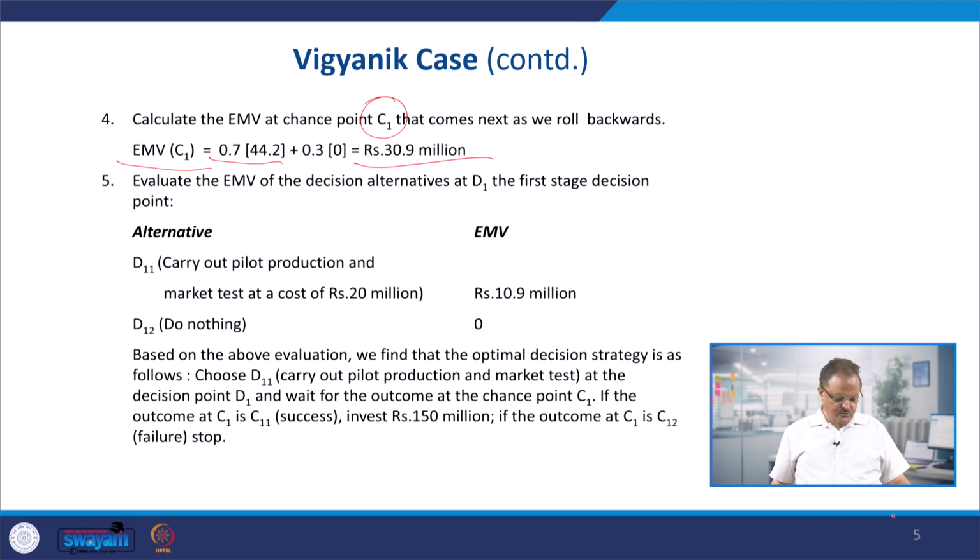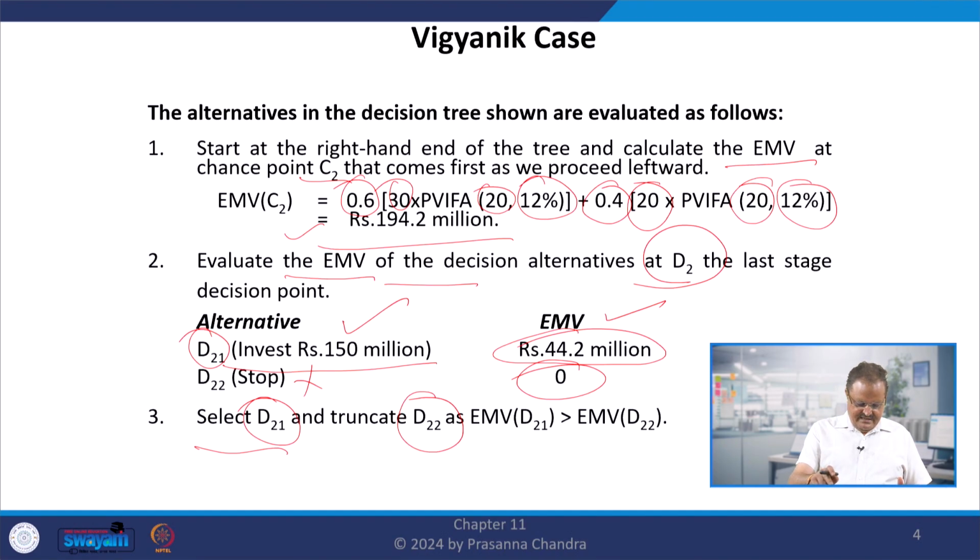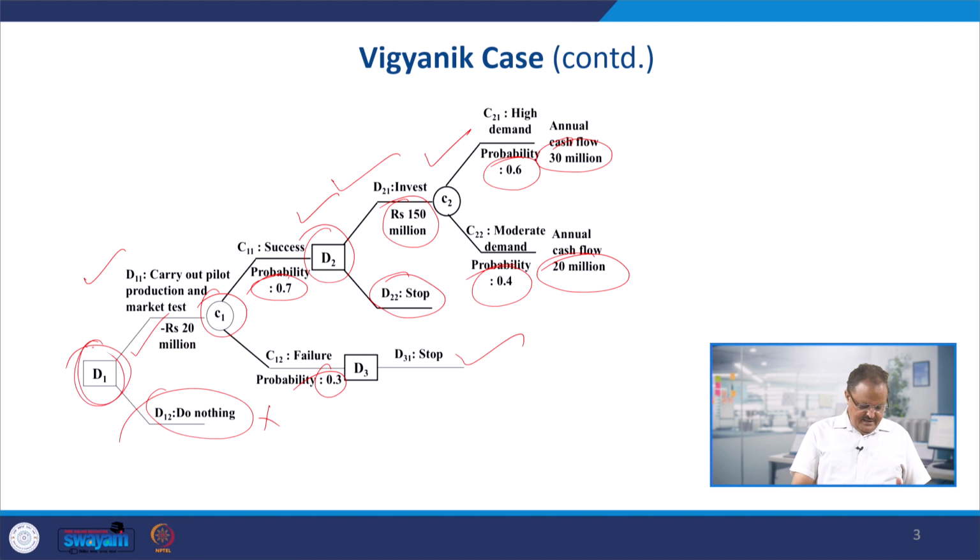And finally, what we are going to do is evaluate the EMV of the decision alternatives at D1, that is the first stage. So we are starting from the right hand side and moving to the first step, the extreme step on the left hand side, and that was D1. We have two options here, D11 and D12.